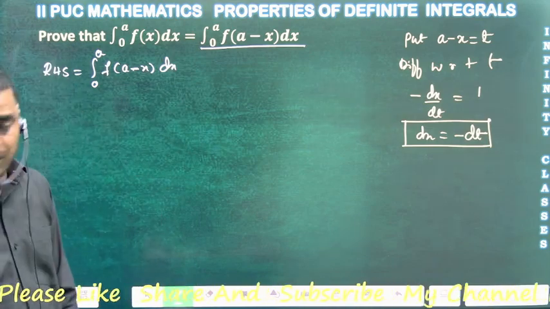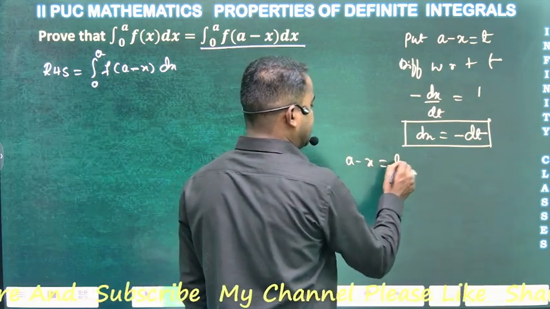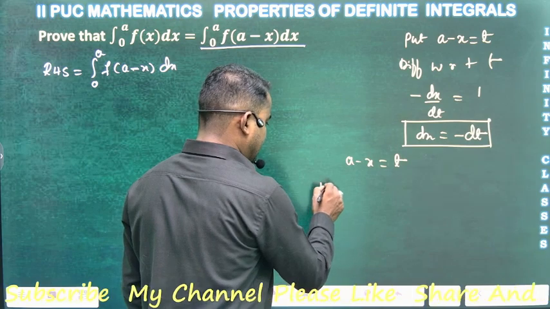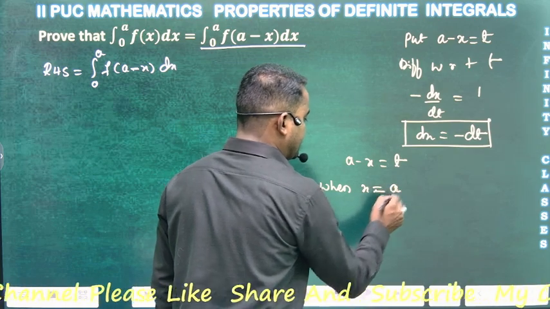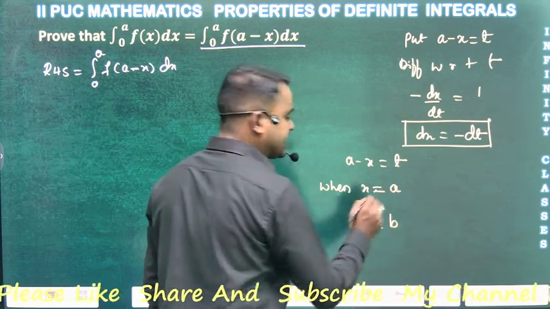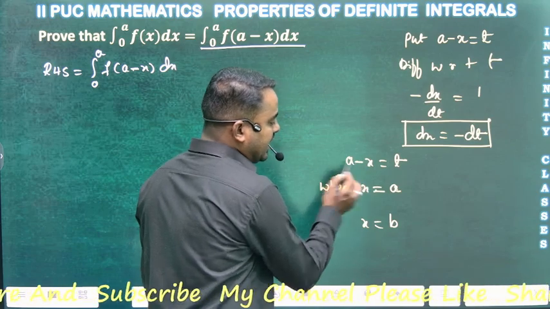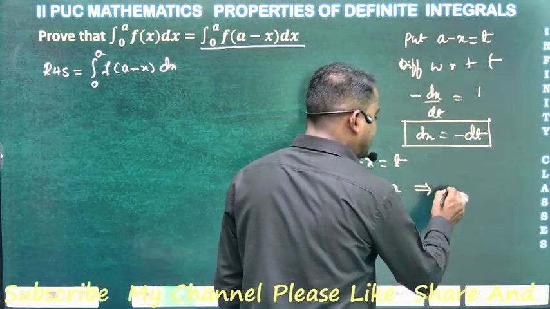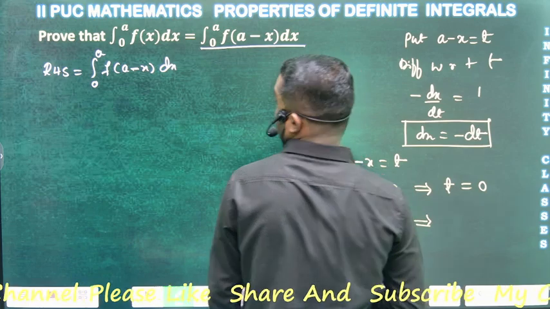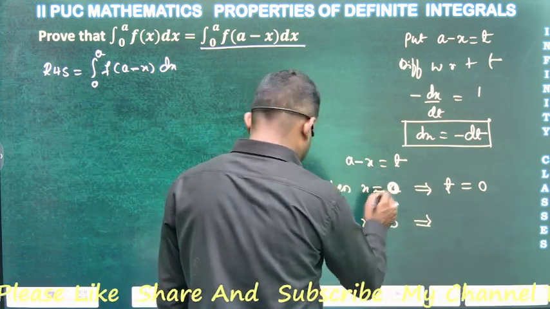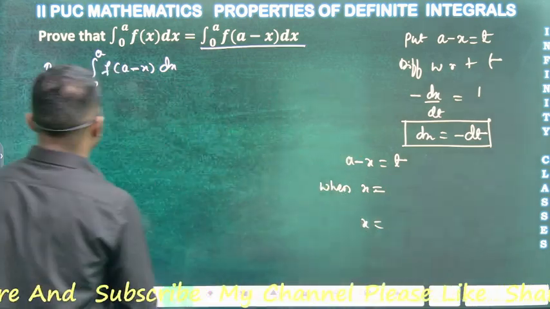Now write once again, a minus x is equal to t. Now the limits. When x is equal to a, if you put a in place of x, a minus a gets cancelled, so the value of t will be 0.